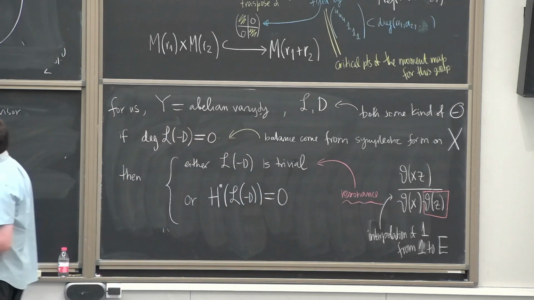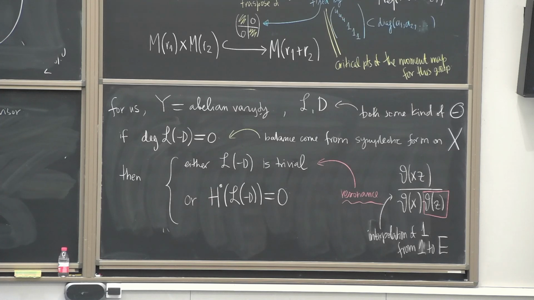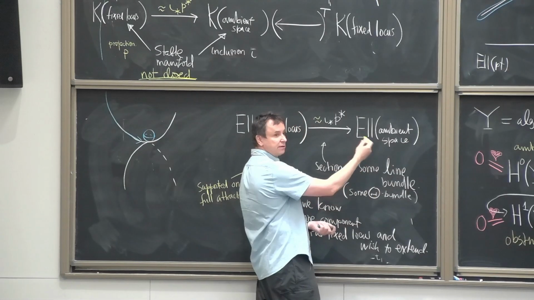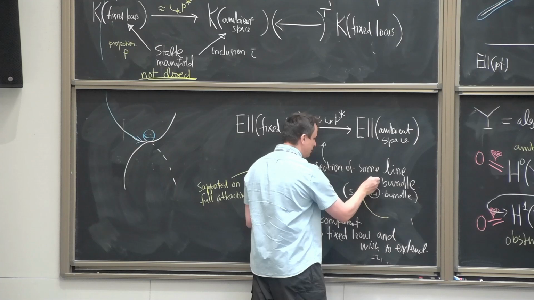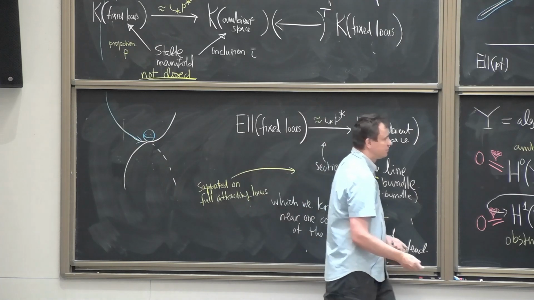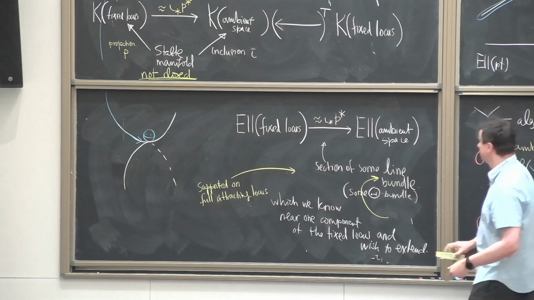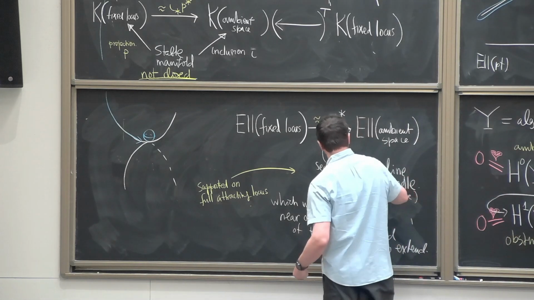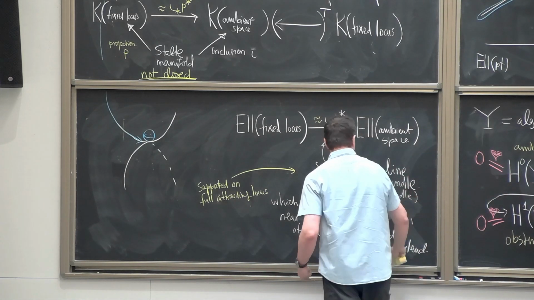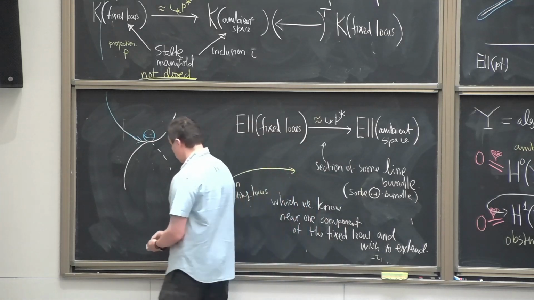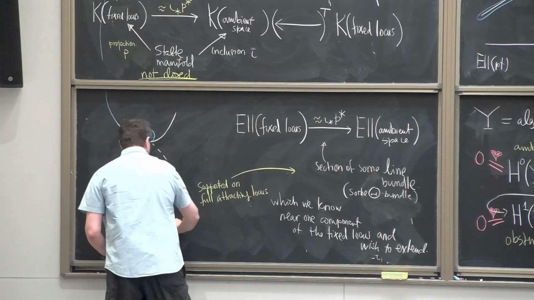But if, from the beginning, from this problem, you introduce this variable z, so you make this line bundle vary, whatever line bundle you have, you can vary it. Instead of solving it for a fixed line bundle, you can solve it for all line bundles at the same time.